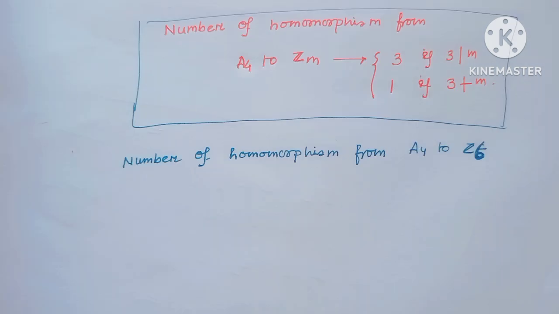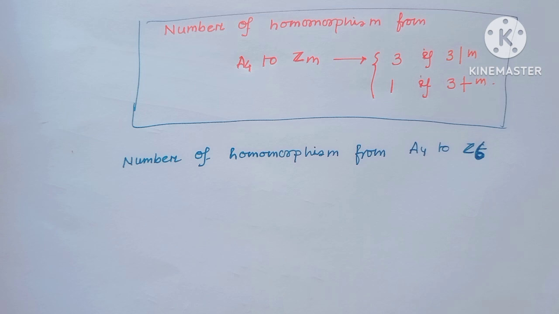Now I will see the number of homomorphisms from A4 to Z6. The shortcut trick: A4 to Zm gives 3 when 3 divides m and 1 when 3 does not divide m.